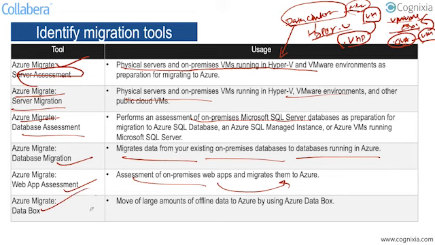Then Azure Data Box. What is Azure Data Box? When it comes to offline data migration into Azure, which tool can I use? I can use Data Box for offline migration. So Data Box is a tool where there are two ways through which I can transfer my data from on-premises to cloud.